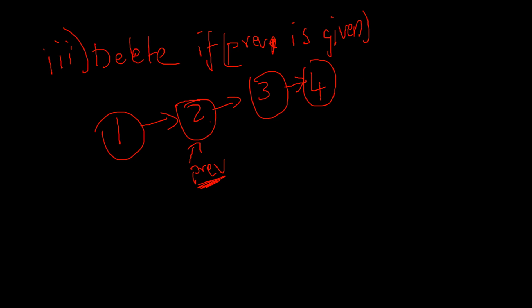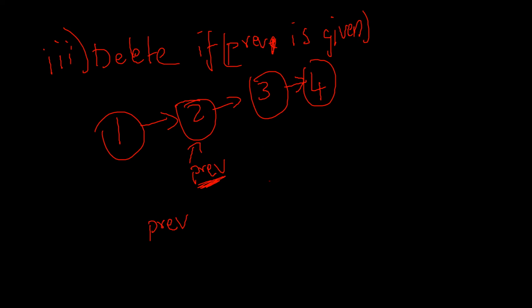Exactly, correct. Link 2 to 4. How would you link 2 to 4? Exactly, that's the right answer. So what should we do? Previous. Why are you putting it to null?